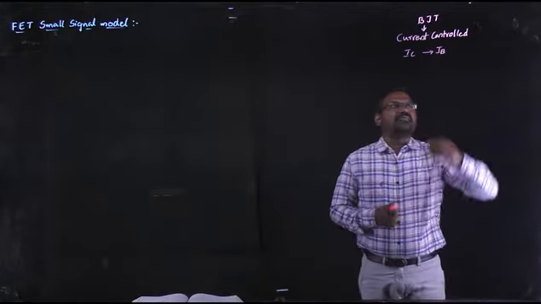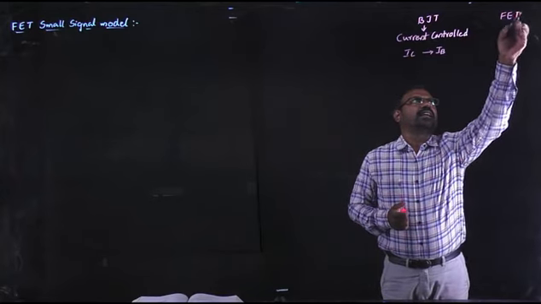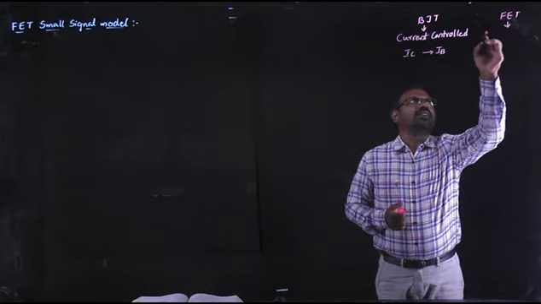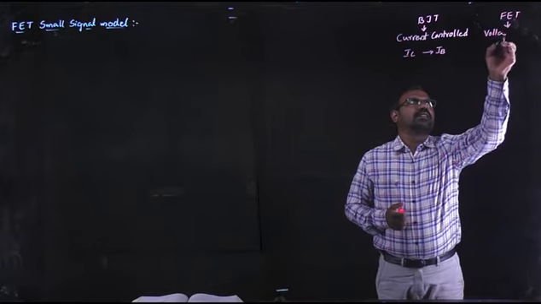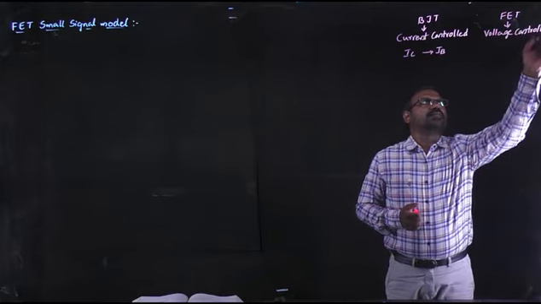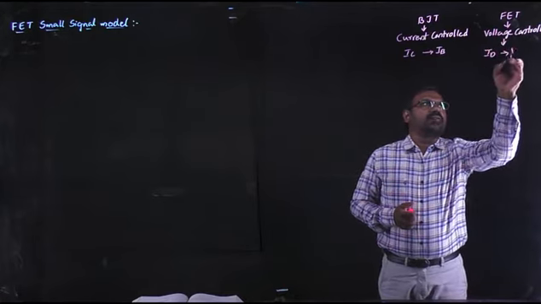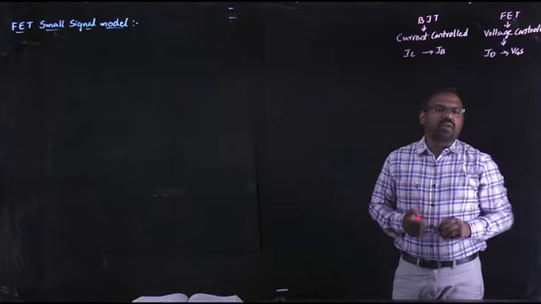But if you come to the field effect transistor, the FET is a voltage controlled device. It is voltage controlled because the output current ID is controlled by the input voltage VGS.